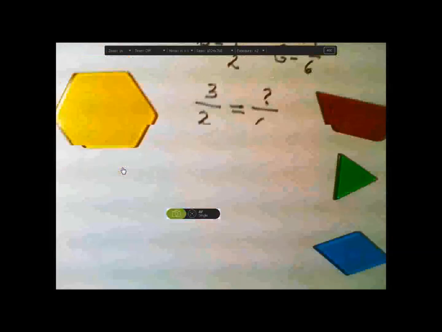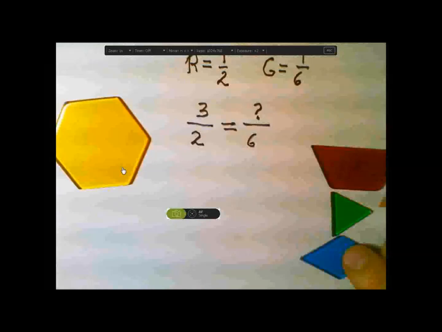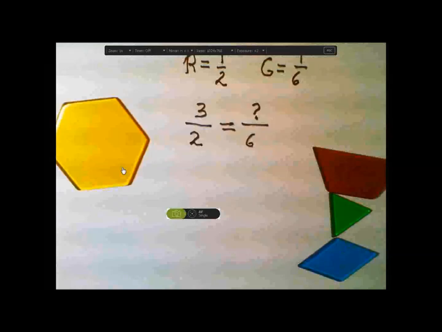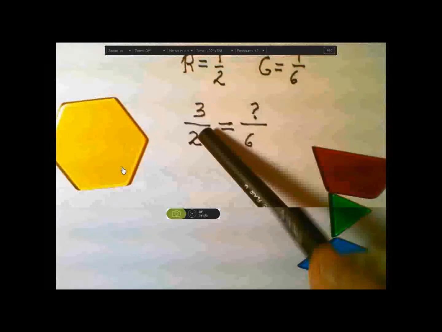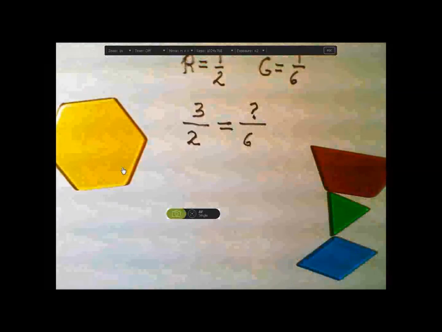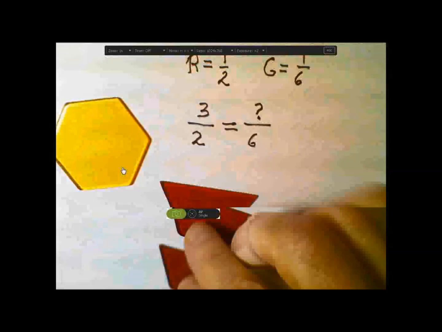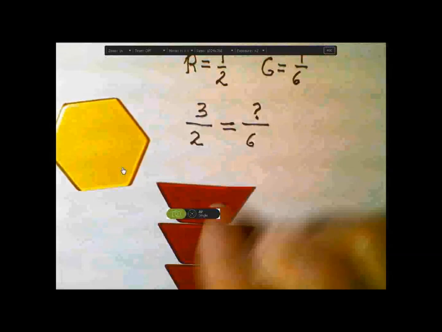Red. Okay, but the problem doesn't say 1/2. What does it say? It says 3/2. So since it says 3/2, I need 1 red, I need 2 reds, and I need 3 reds.